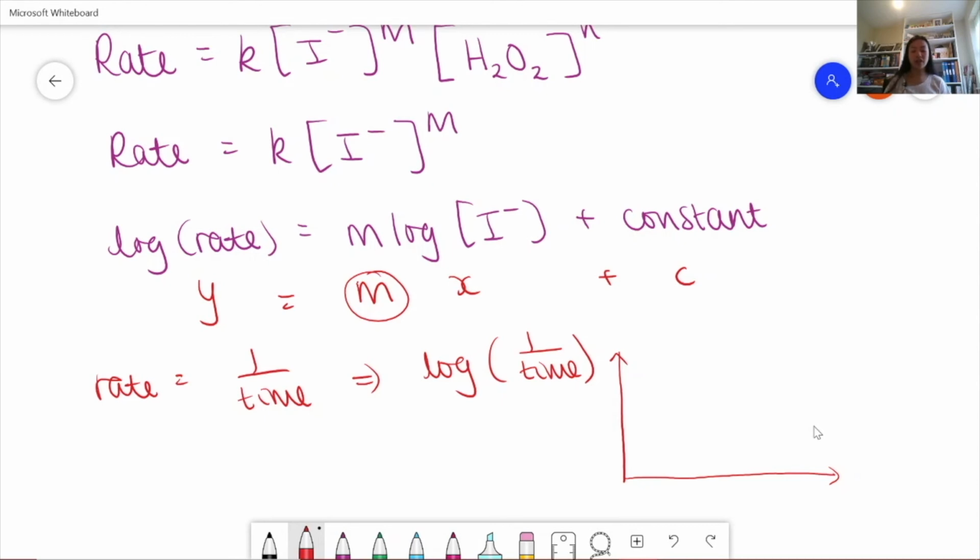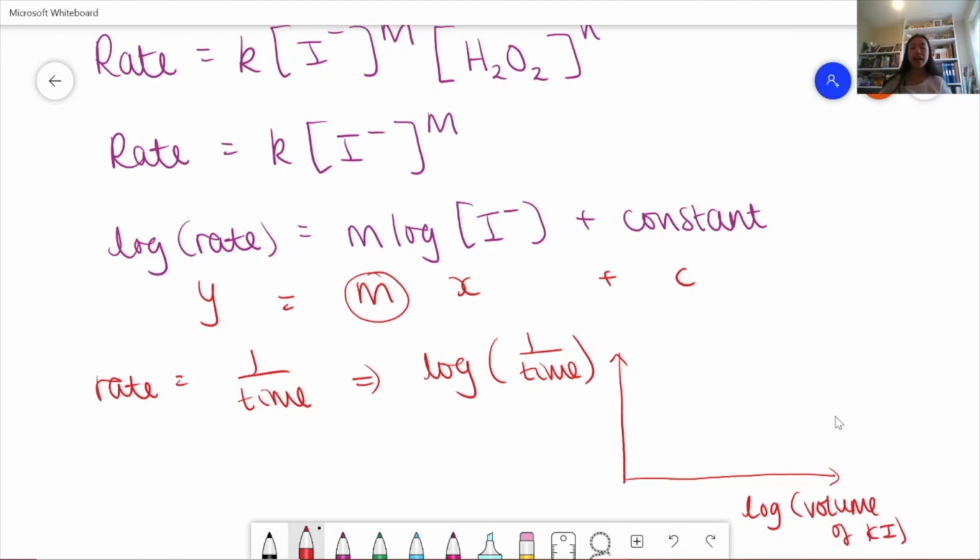So the concentration of I- can be represented by the volume of the potassium iodide solution. And so we plot log of the volume of potassium iodide on this x-axis. And what we should get is an order of 1.